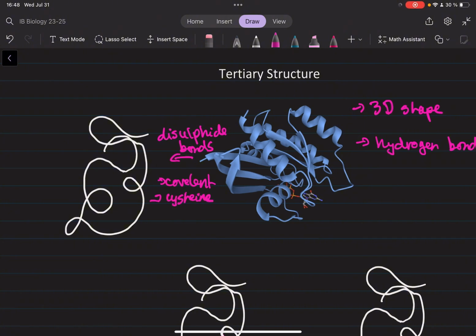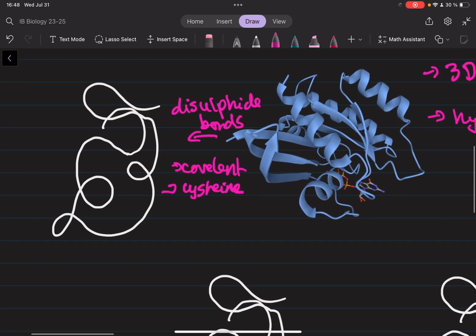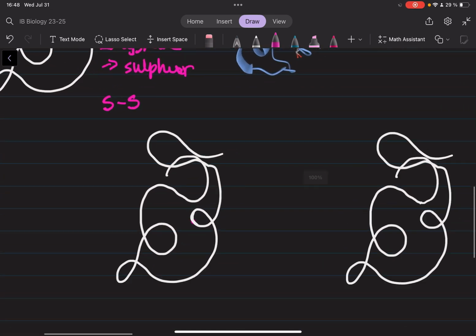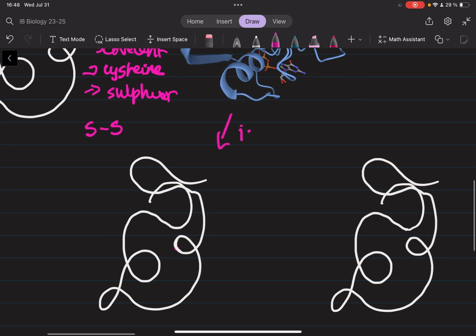And the reason it's only through two cysteines is because cysteine is the only amino acid that has a sulfur in it. So the sulfurs of two cysteine amino acids will bond and create a covalent bond between them. Then you also have ionic bonds.